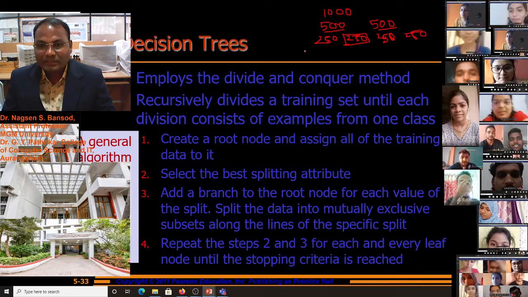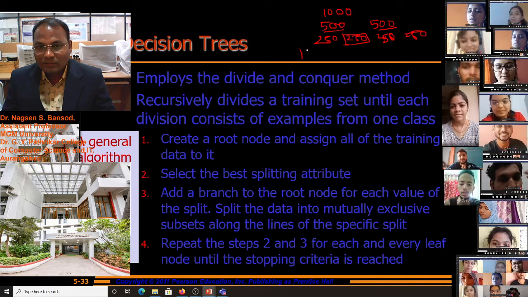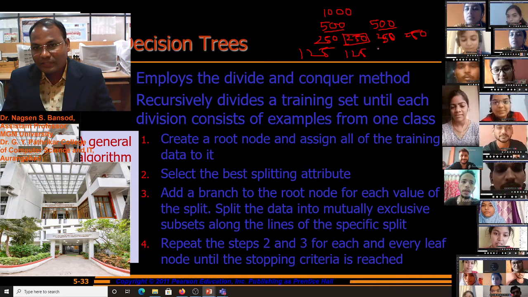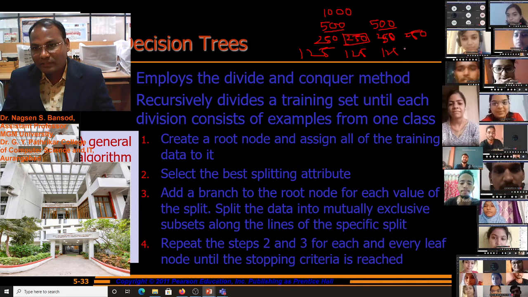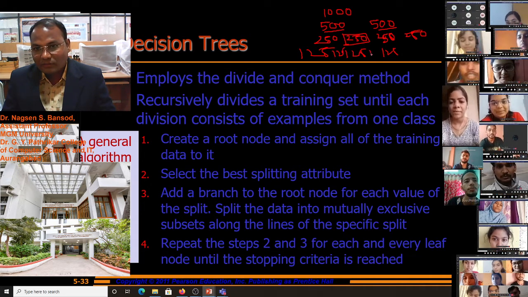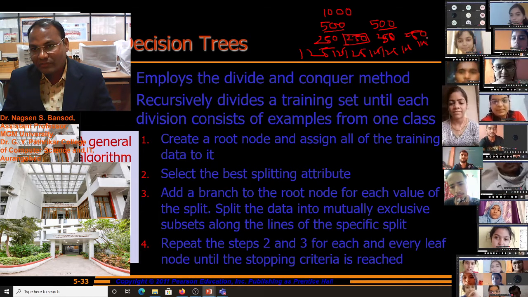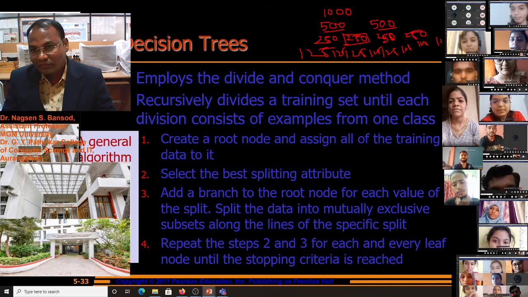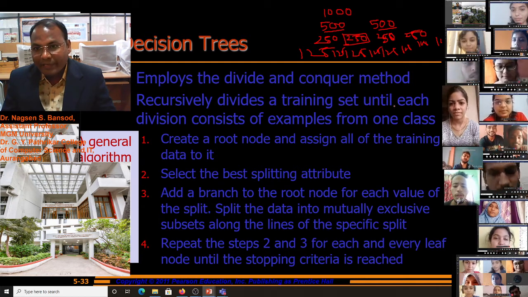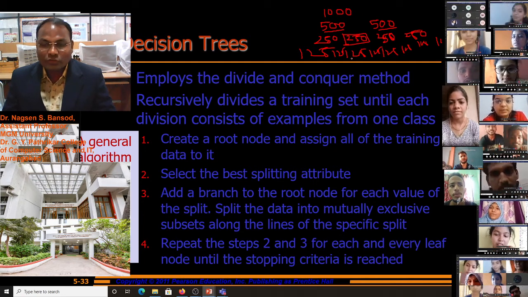Again divide this into 125, 125, 125, 125, 125, 125, 125, and 125, like this, until we get one class from hundreds or thousands of classes.